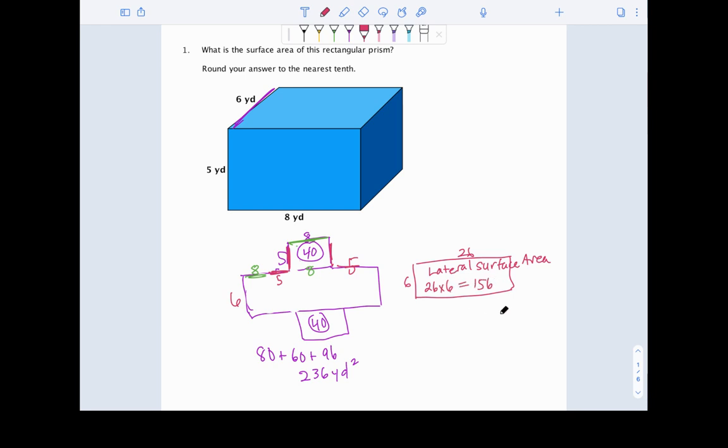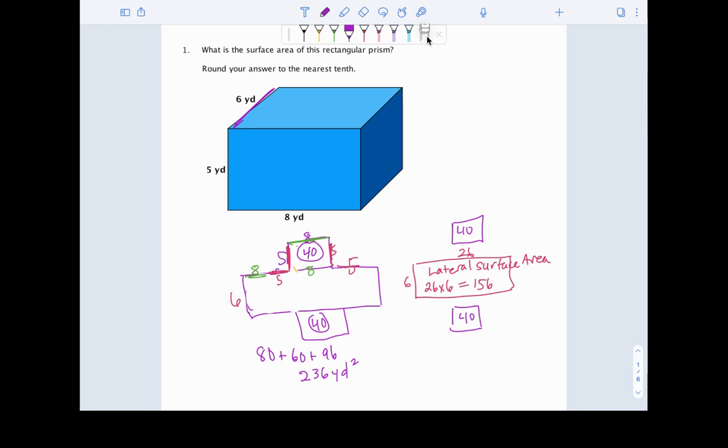We got that 26 by basically adding all 4 of these sides right here. Then I can take those individual ones. I've got the rectangle on top, which is going to be 40, and the rectangle on bottom is going to be 40. And so now I'm adding 3 things instead of 6 things.